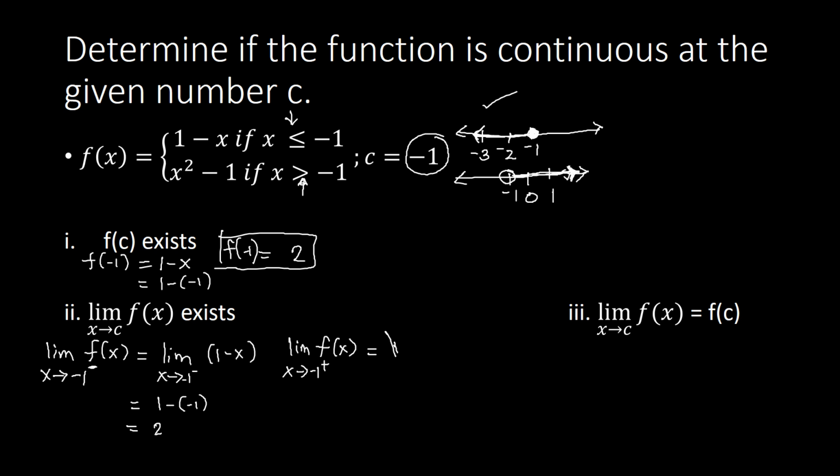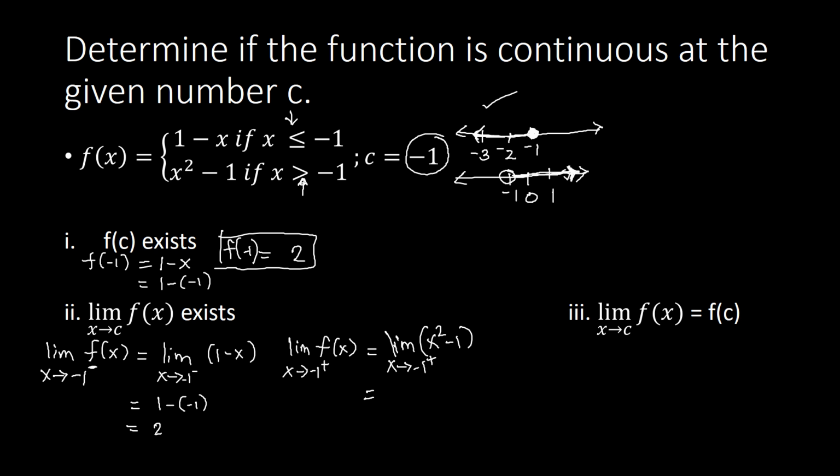We have the limit of x squared minus 1 as x approaches negative 1 coming from the right side. Since this is a quadratic function, we do not see any problem. Whatever you substitute into your quadratic function, you automatically get an approach value on y.